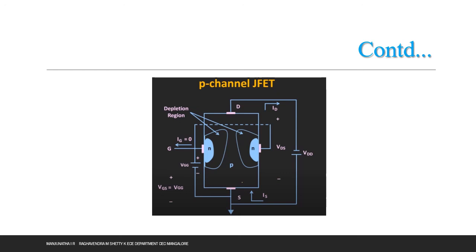When positive voltage is given to the N region, where electrons are majority charge carriers and having negative sign, it becomes reverse biased. So this is the difference between the P channel JFET operation and the N channel JFET operation.